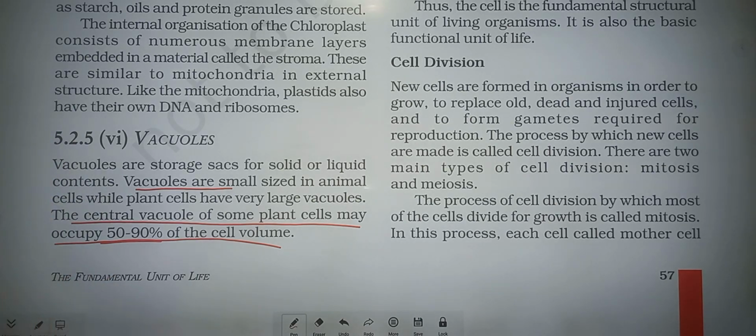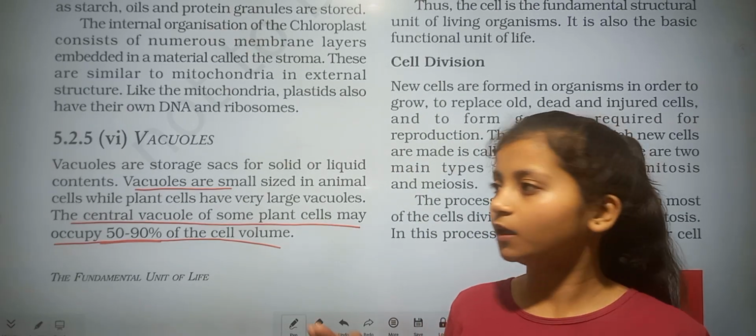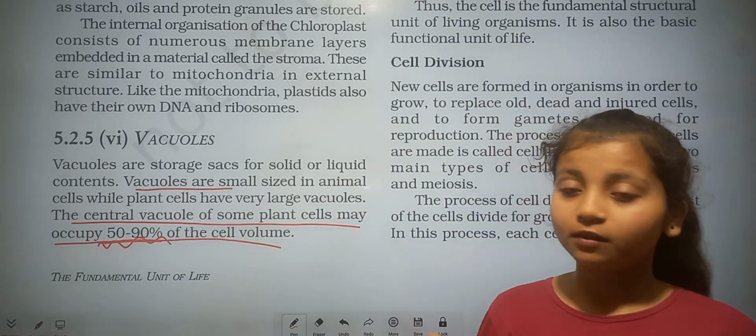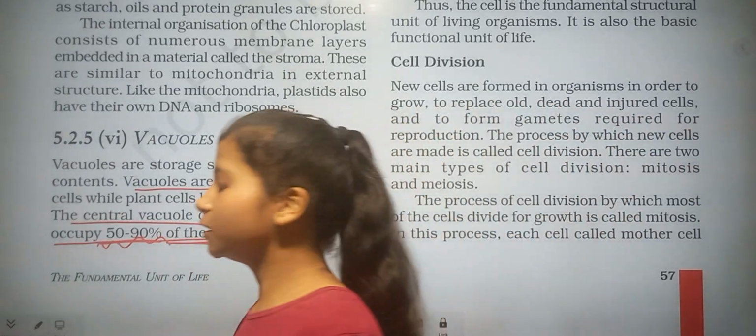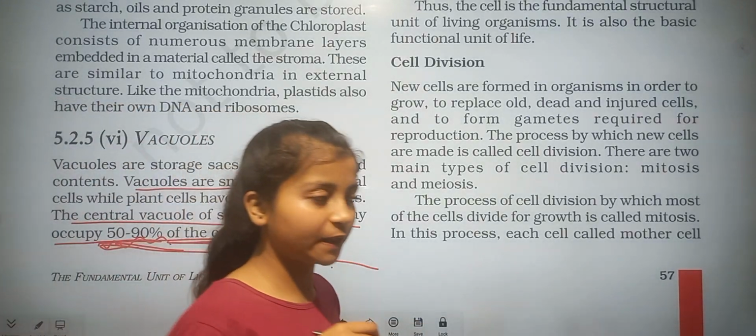It means that if we measure vacuole size in percentage, it occupies 50 to 90% of the space in the cell.